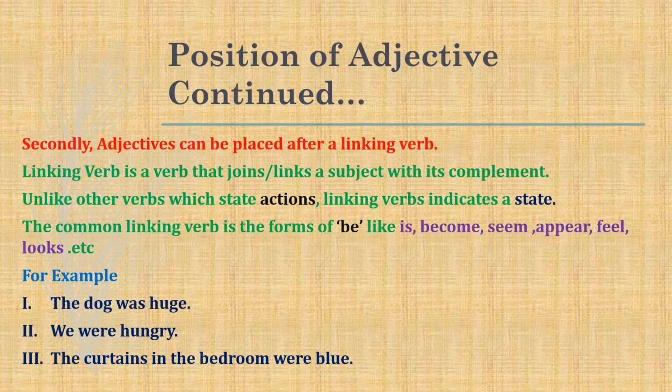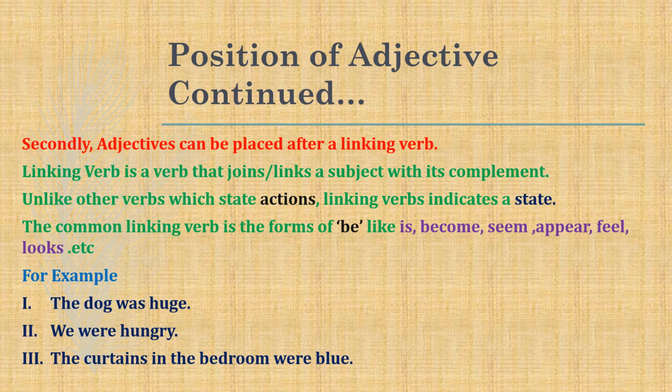Now, let us try to see where these adjectives have been used in those particular examples. Remember, we have said that the first position in which an adjective can appear is before or in front of nouns or pronouns.